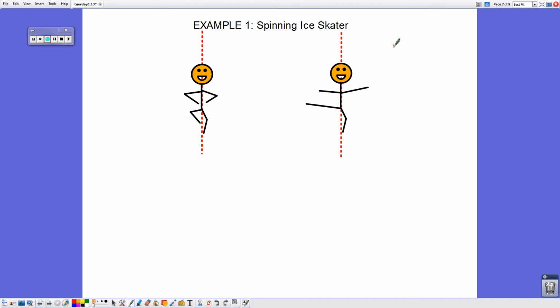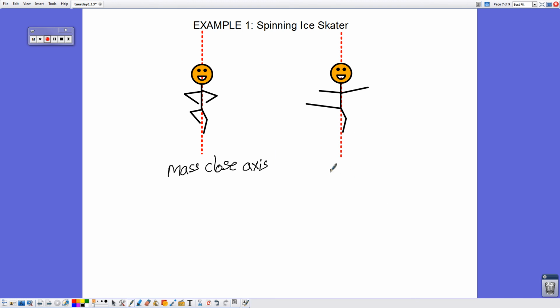We're almost done. There are two examples that we are going to talk about. The first example is an ice skater that is spinning. The moment of inertia depends on not just the total mass, but how it's distributed. So, here we have an example of the mass that's all bunched up close to your axis.